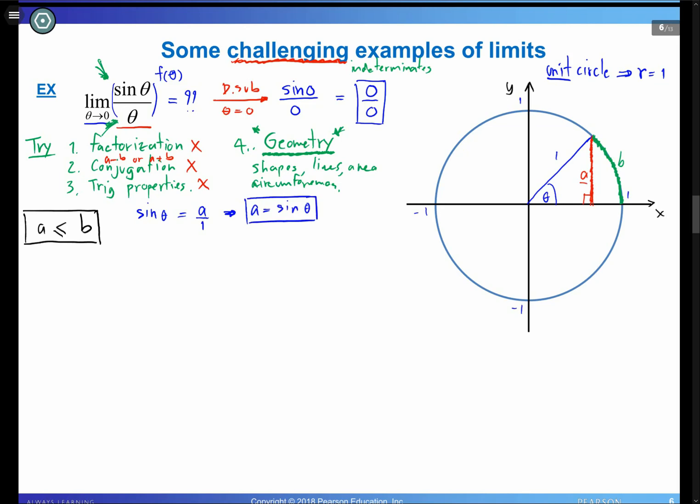Now, let's do something with b. And for this b right here, we are going to use the formula we learned a long time ago, maybe 10 years ago for you, but for me, maybe 30 years ago, I don't know. So let's take a look here. For b, we are going to use this formula. I am sure that you know about this formula.